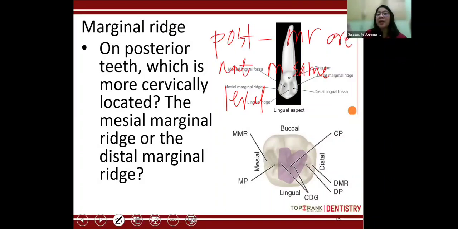Ganun yun. Okay? But we, of course, medical terminology, we describe it as more coronal, mas mataas, more cervical, mas mababa. Ibig sabihin. Okay? So ano dyan yung mas cervical? Okay, yung mas mababa. Is it the mesial or the distal marginal ridge? Yes, very good. The distal marginal ridge is more cervical than the mesial marginal ridge.